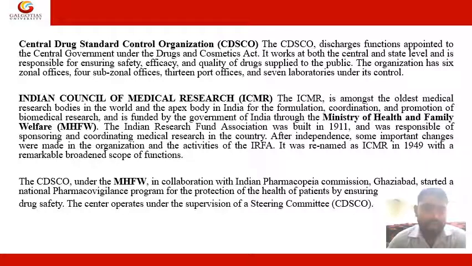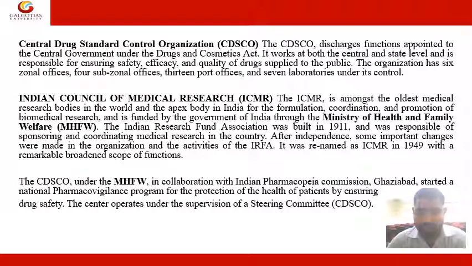Another regulatory body is the Indian Council of Medical Research, also known as ICMR. Its head is the Union Health Minister, and it is among the oldest medical research bodies in the world. Its primary work is the formulation, coordination and promotion of biomedical research, and it also funds research going on in India.